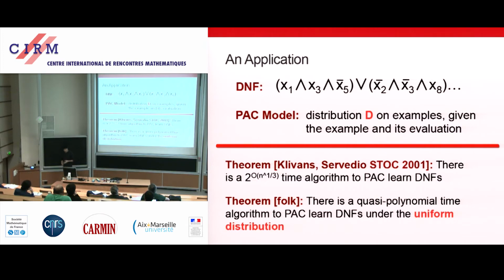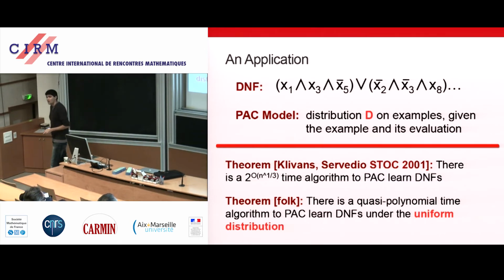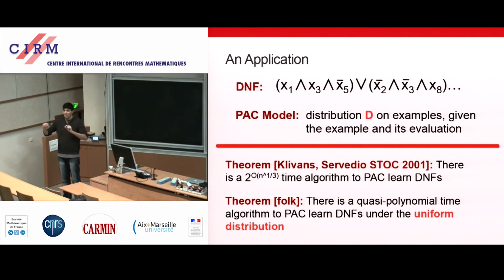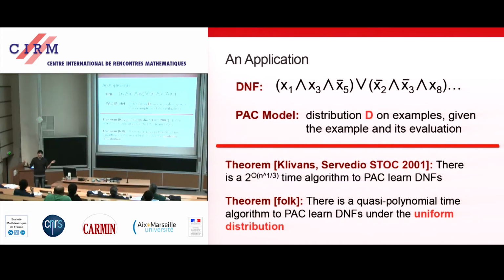And in fact, even if you restrict to simple distributions, there's actually something trivial that's pretty good. Imagine D is not just any distribution, as is standard in PAC learning, but the uniform distribution. So you choose a uniformly random assignment from the Boolean hypercube. Then I claim there's a much better algorithm, because any clause that's too long, imagine it's 100 log n long, has no chance of being satisfied.